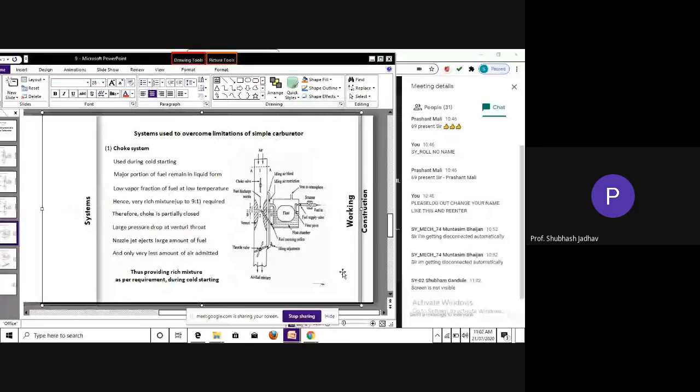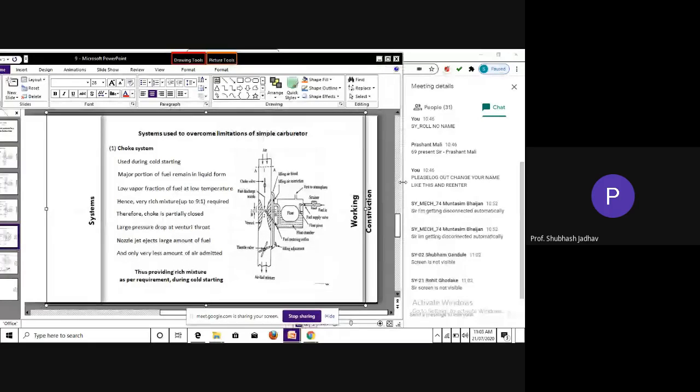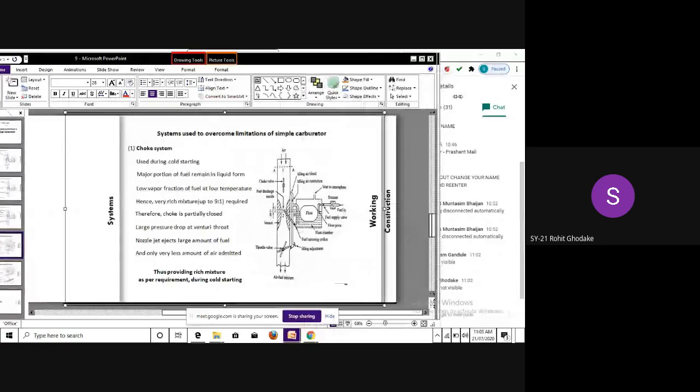Now, as we want a rich mixture, we are unable to supply it. But Rohit Godke, now it is visible. No, sir, it's too small. Not too small. Okay, visible. It is too small. Means you are seeing it on your mobile. Yes, sir, and it's not visible also clearly. Okay, let me check.